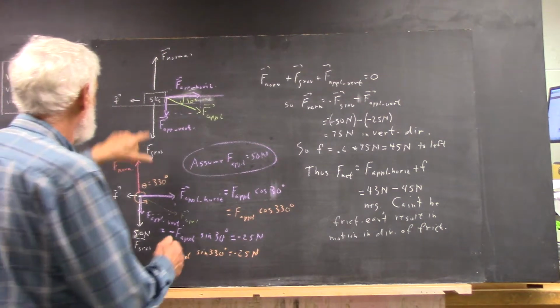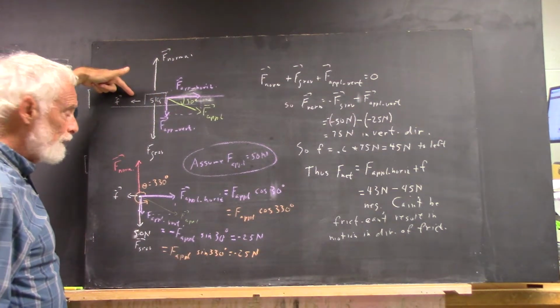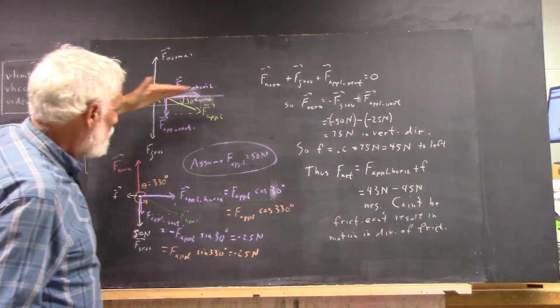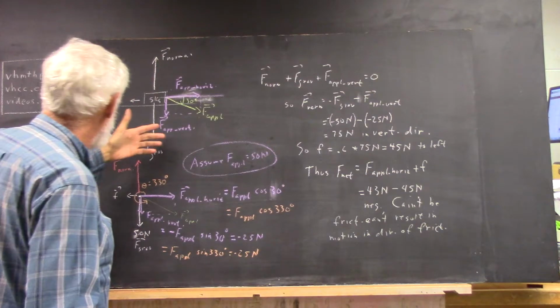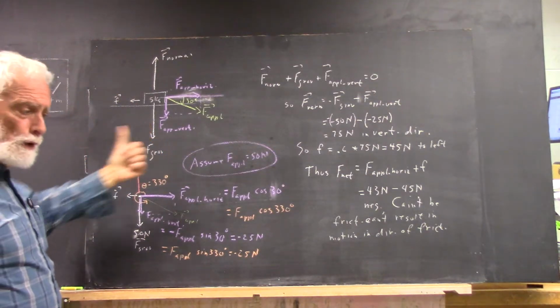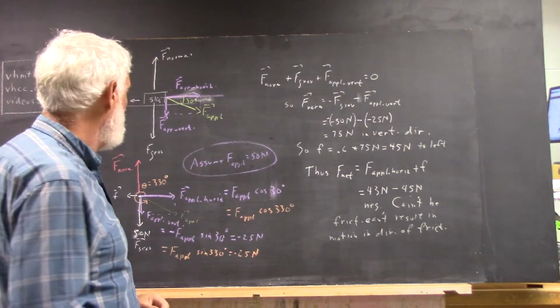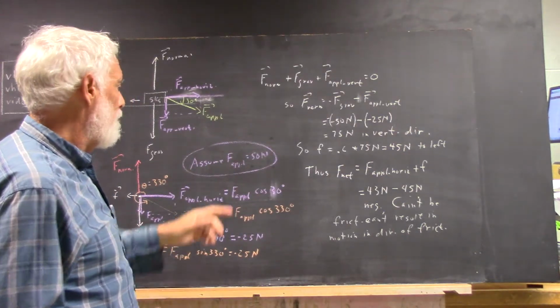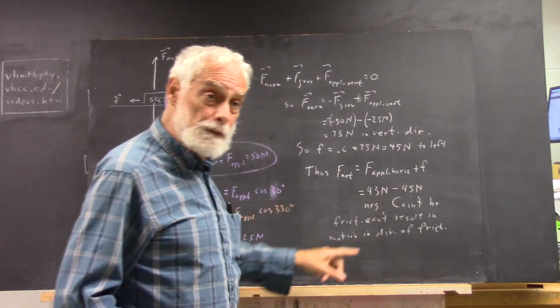meaning that the thing would be accelerating in this direction due to the fact that the frictional force is bigger than our applied horizontal force. But our frictional force can't make something move in its direction. The frictional force always opposes motion. So this calculation can't be right.